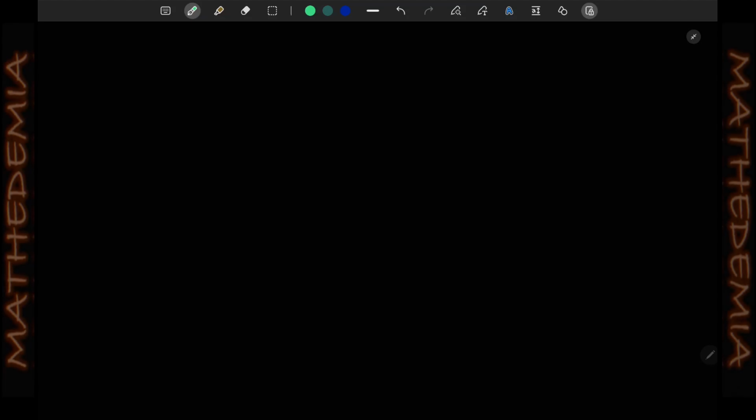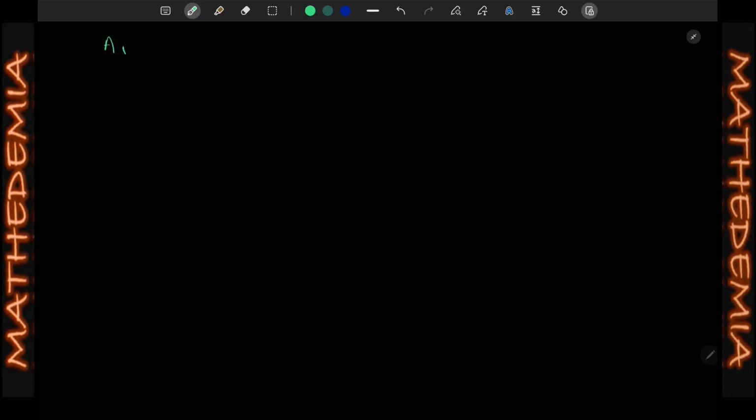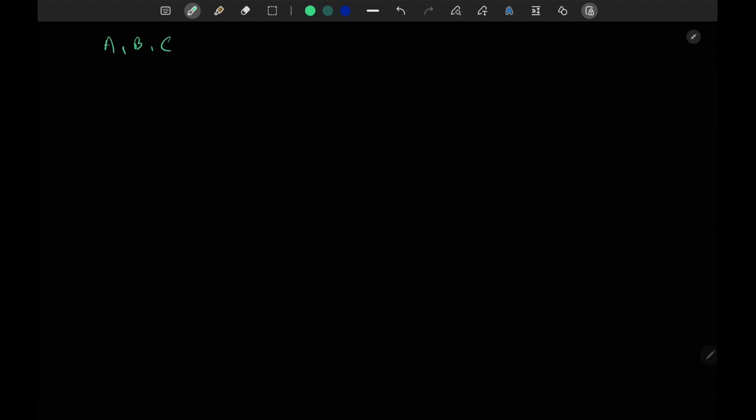Now imagine if there are some sets under consideration, say A, B and C, and there happens to be a set which is the superset of each of these given sets. So for example, let us take that set as U, where U is a superset of A as well as B as well as C. In such a case, the set U is known as the universal set.